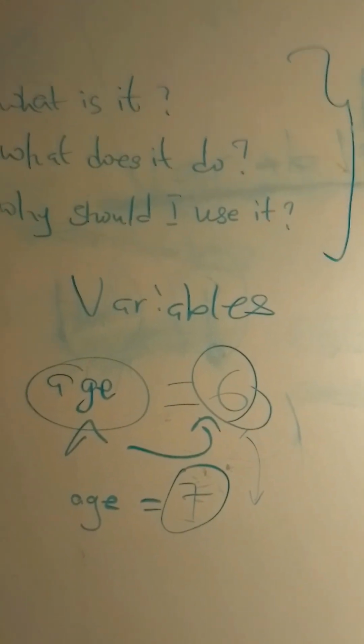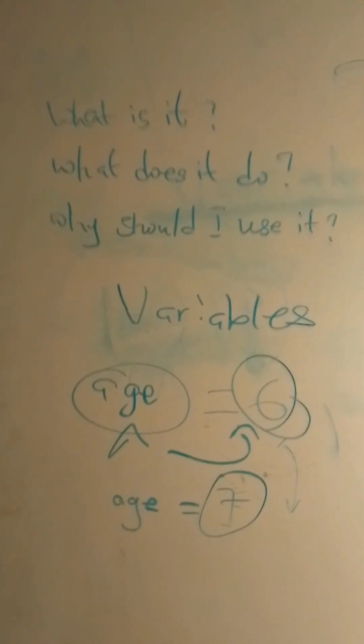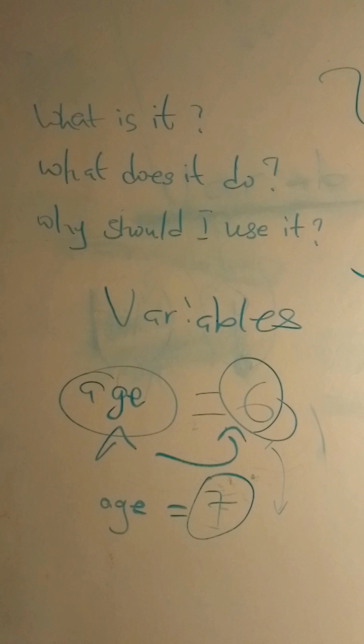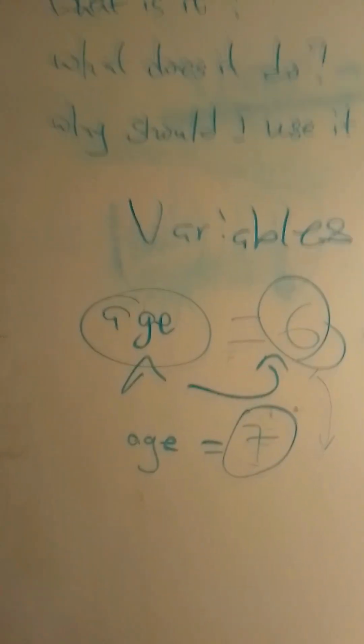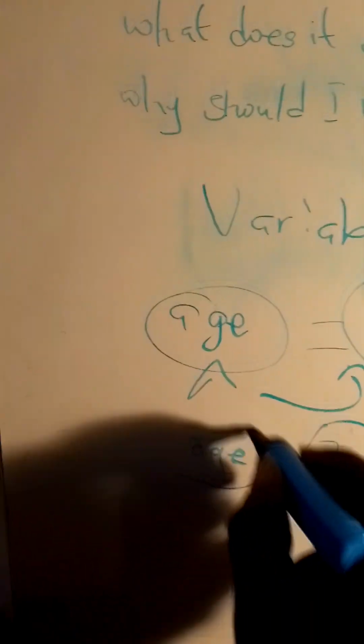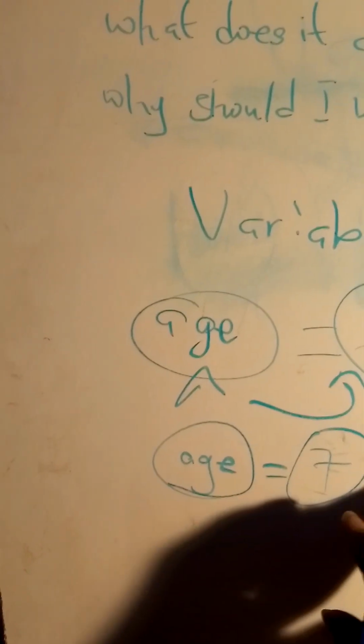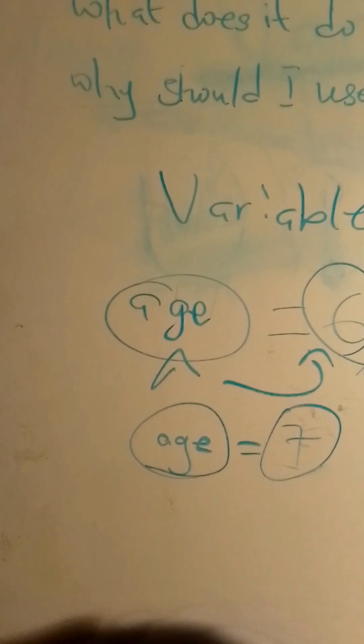You can use the variable, which is referenced to that data. So anytime the computer sees age, it knows that, okay, this is 7.